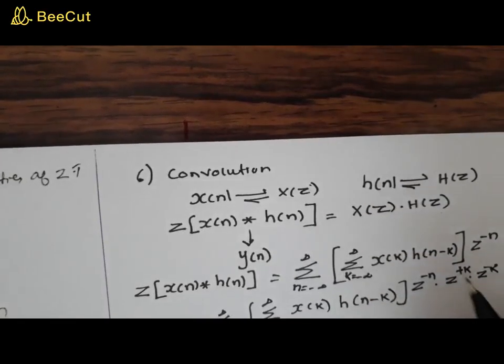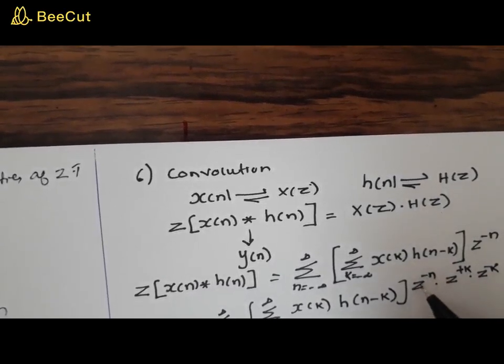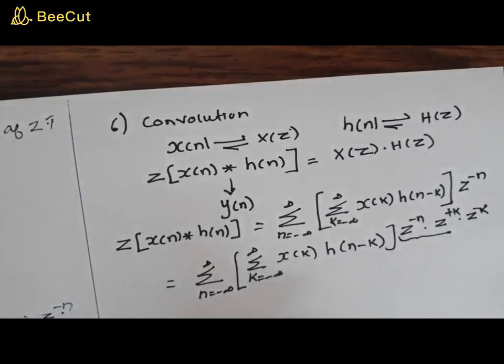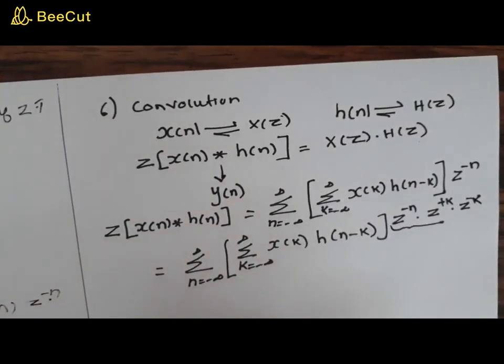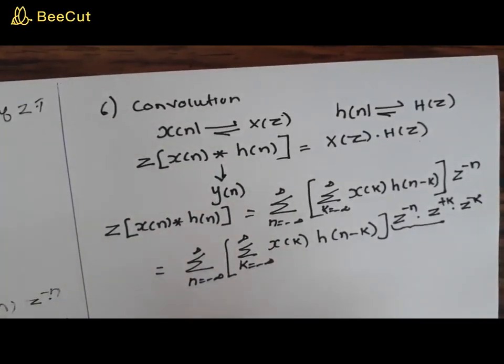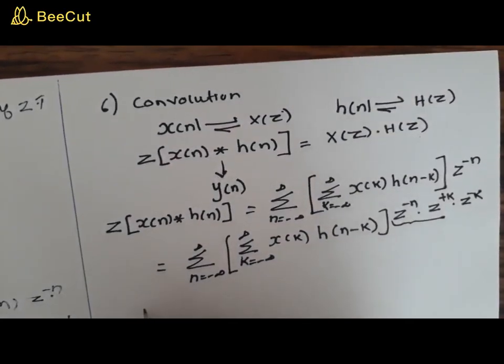There's nothing wrong in that because z^k by z^k is 1. Now what if I combine these together? In the next step I am going to combine this, taking the negative sign outside.